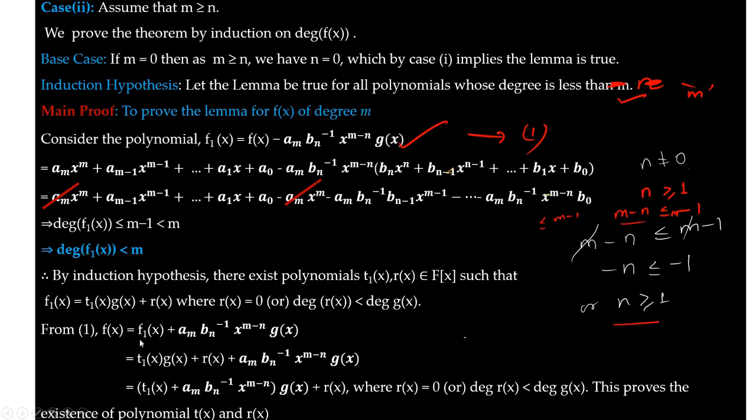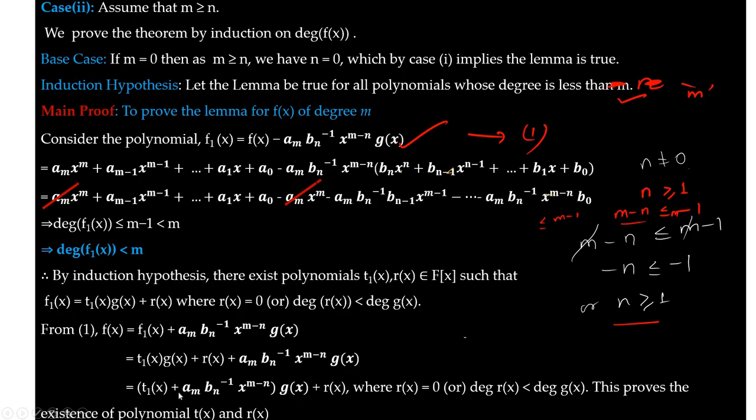Now f of x is equal to f1 of x into this, but f1 of x can be replaced by this. So you have t1 of x, g of x plus r of x for this, and this is there as such. Now g of x, we are going to club these two. g of x is taken out.